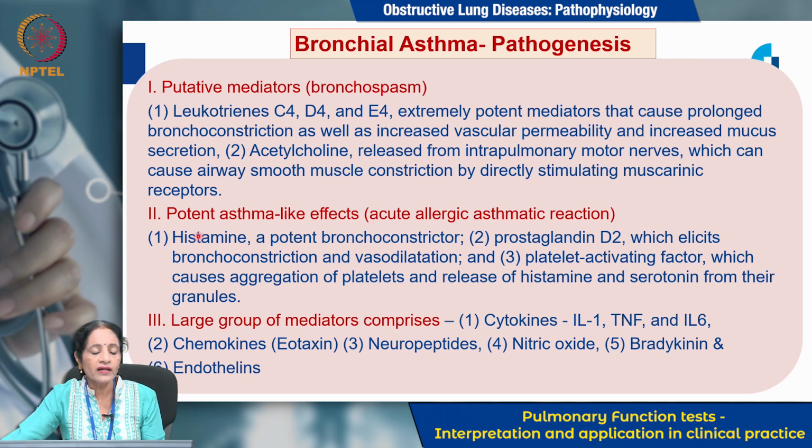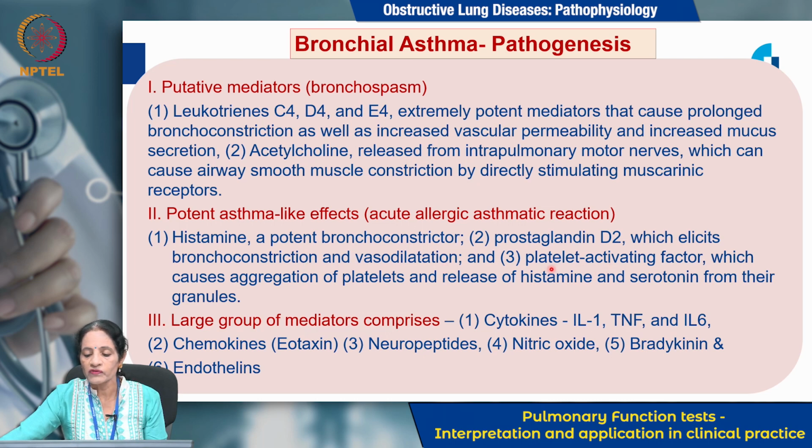Then we have the second group of mediators, which produce potent asthma-like effects and also the acute allergic asthmatic reaction. The major one of these is histamine. Histamine is a potent bronchoconstrictor which is secreted by mast cells and basophils. Prostaglandin D2, which comes from the arachidonic acid pathway, elicits bronchoconstriction and vasodilatation.